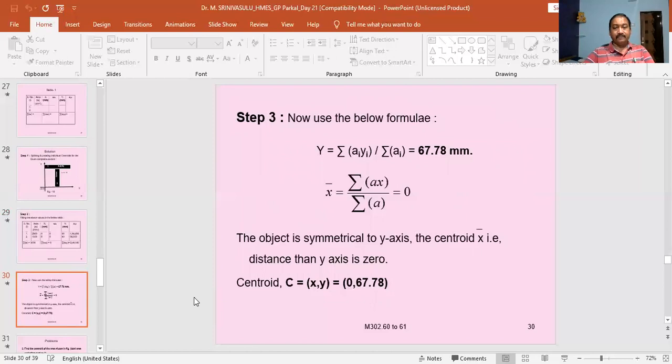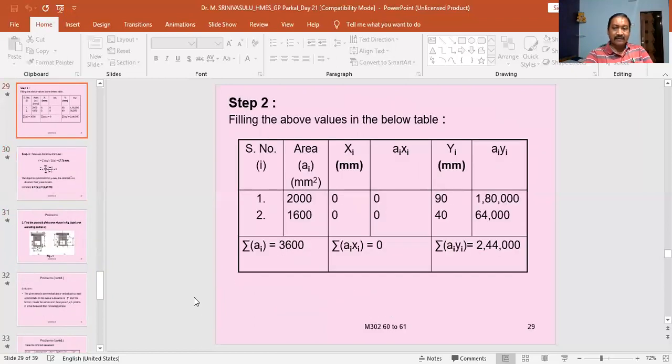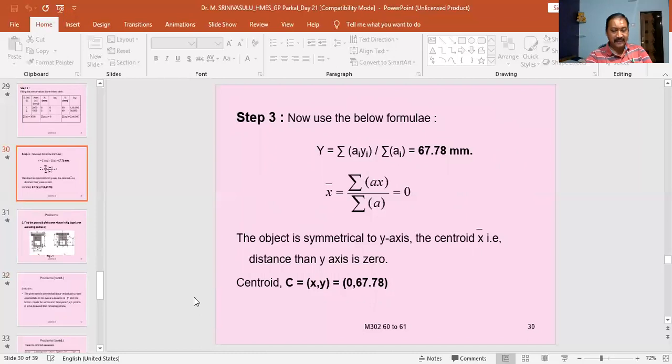Now using the formula, y bar is equal to sigma ai into yi by sigma a. So sigma a into y we got 2,44,000 by sigma a is equal to 3,600. So 2,44,000 by 3,600 becomes 67.78 millimeters.